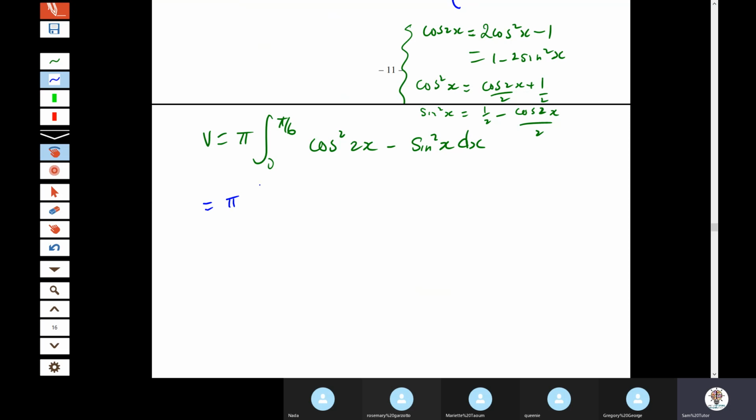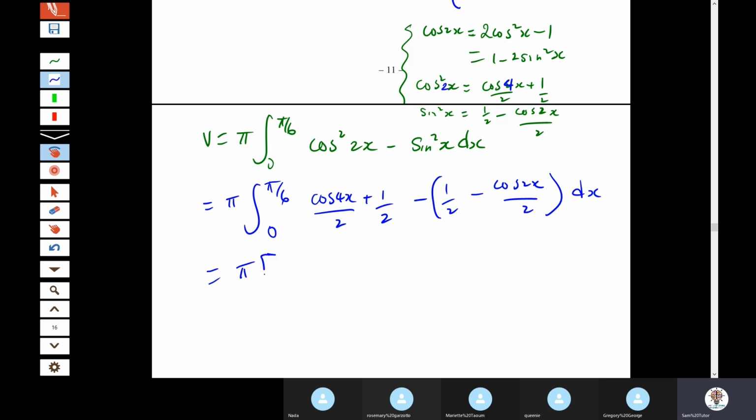Equals pi. What happens when you make it a 2x? You remember, you just double the angle. So it'll look like this. Pi over 6, 0, (cos 4x plus a half), and then minus, we'll use brackets, (half minus cos 2x) dx.